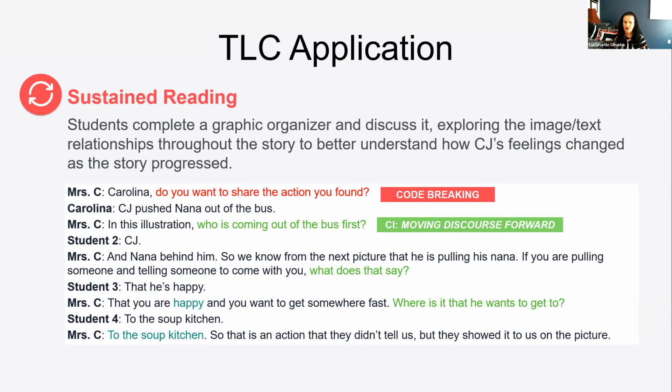Pedro, what action did you find? That kind of movement would have been very different from what Ms. Cabana did, which was to ask, who is coming out of the bus first? So it's moving the discourse forward because she's asking students to say more about that particular action.